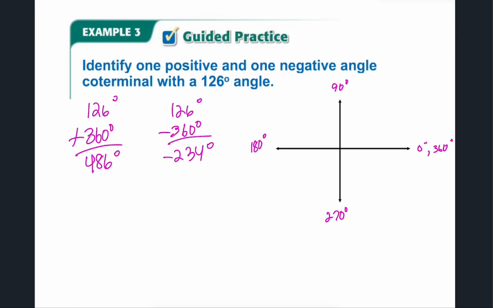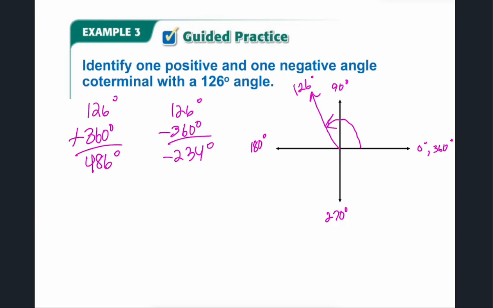Well, if this is 90, 120 is about here, so 126 is about there. Just do a guesstimate, I don't care, and then mark that. That's where I think 126 lands me. Just do an approximate. Okay?